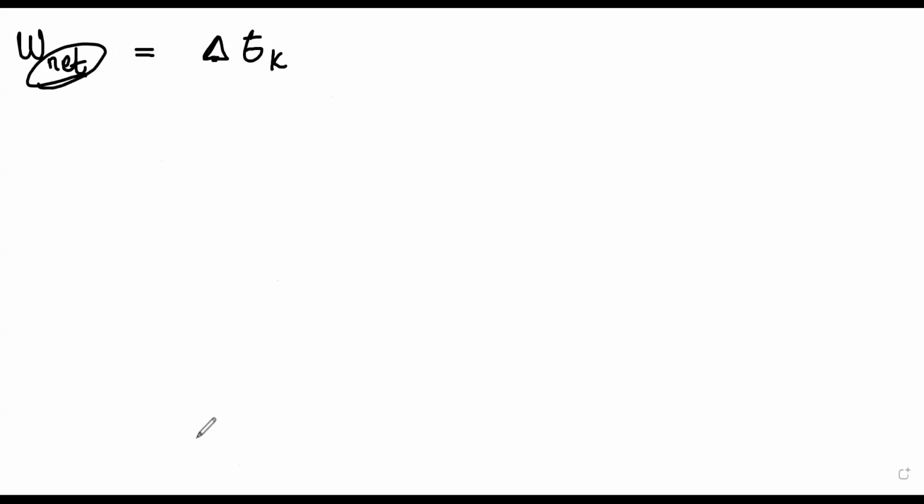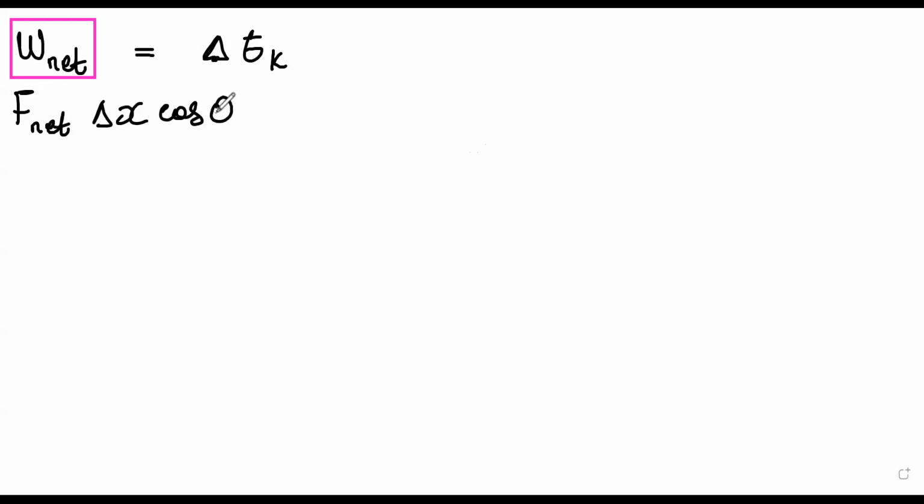Okay, sorry about that. So the question is, how do we calculate the net work anyway? Well, in order for us to calculate the net work, even if there is no electricity in your area, you just need to take the net force, multiply it by the displacement, and multiply it by the cosine of theta.